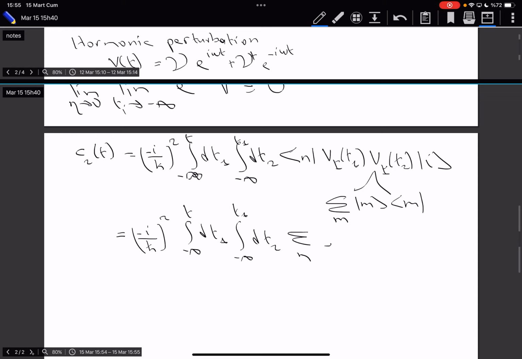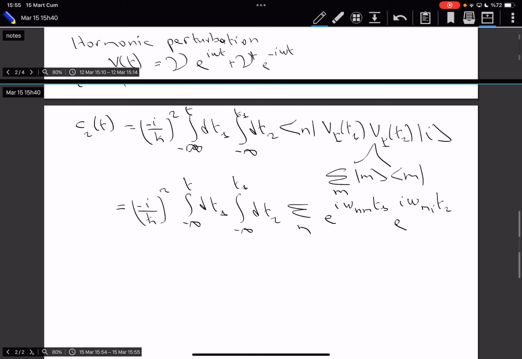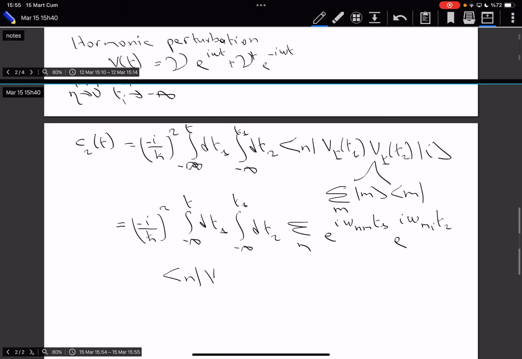And then we have e to the power I omega nm T1, I omega mi T2, e to the power eta T1, eta T2.